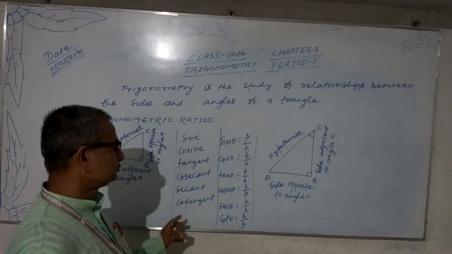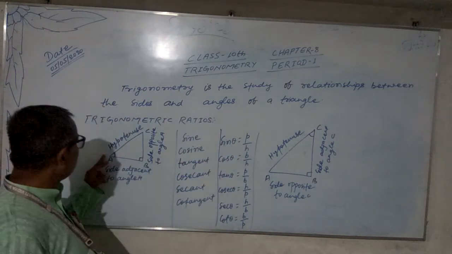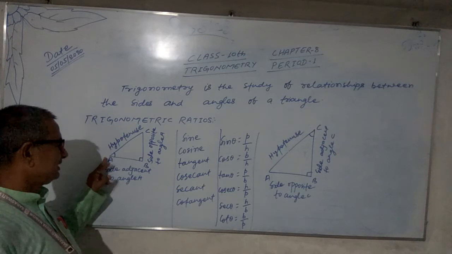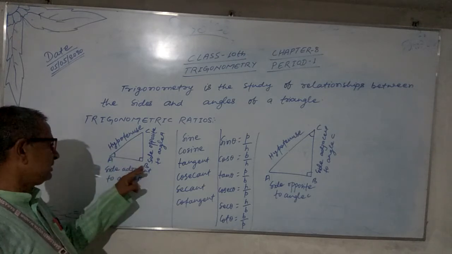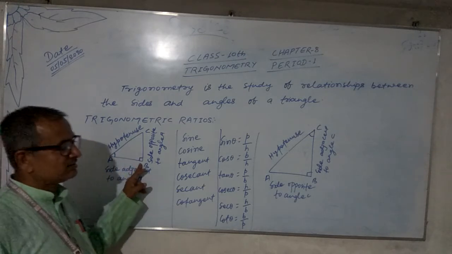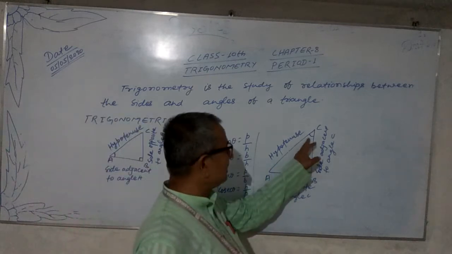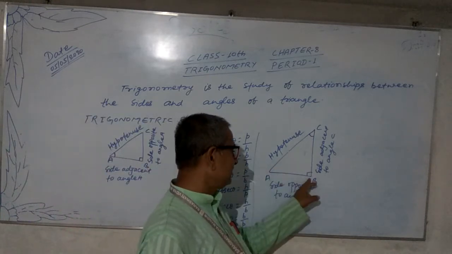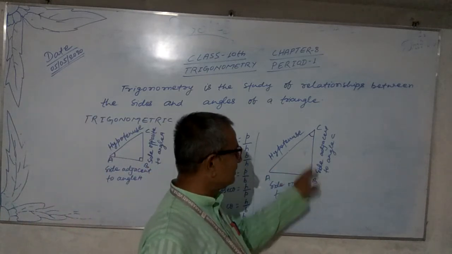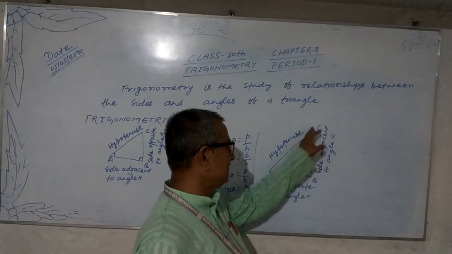That's why if we consider angle A, then BC is perpendicular and AB is base, and when we consider angle C, AB is perpendicular and BC is base.